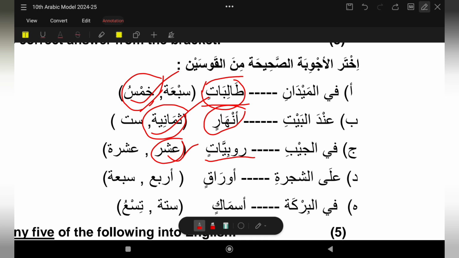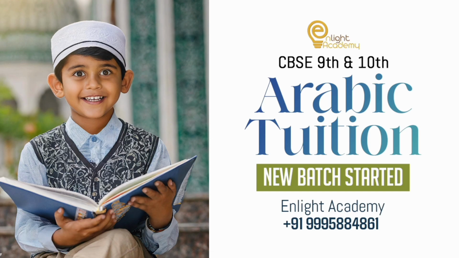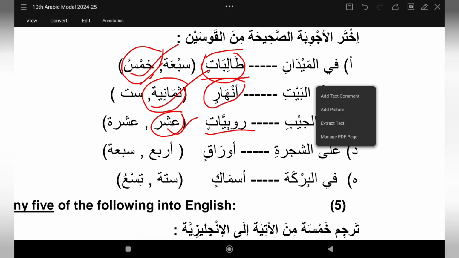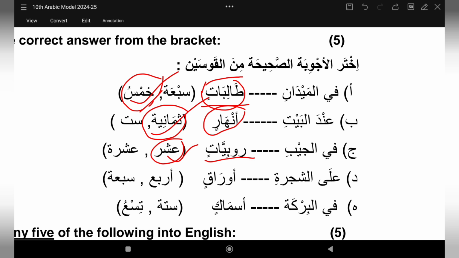Ala shajarati awraq. Here sometimes we can't understand whether one is female or male.